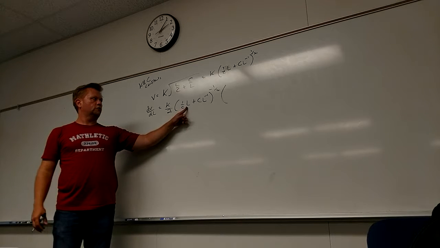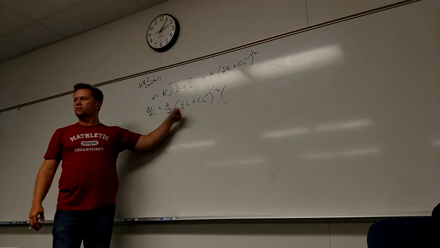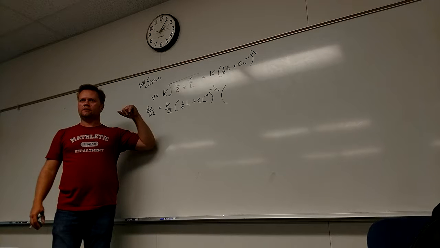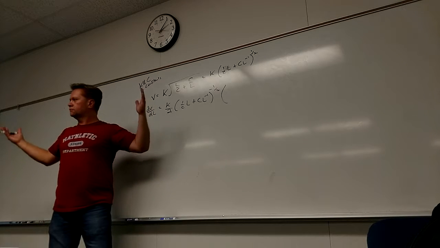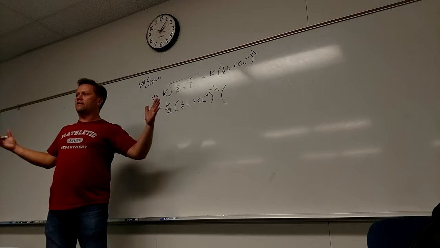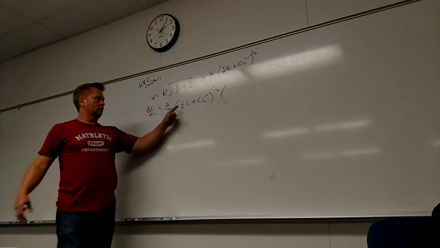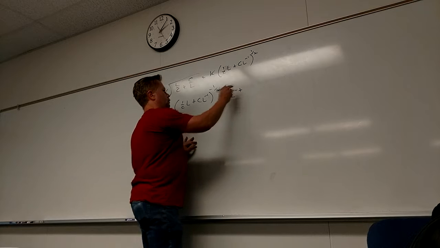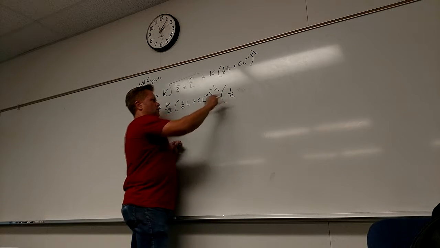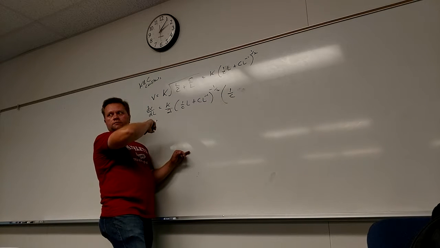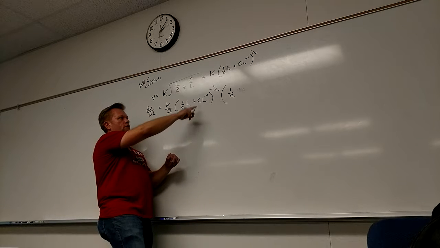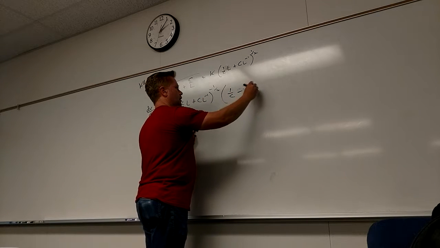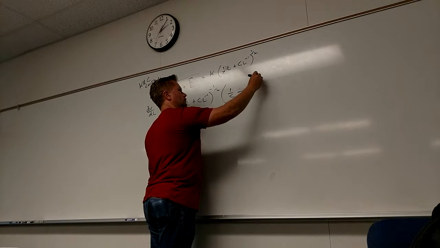What's the derivative of 1 over CL? 1 over C. It's like me saying, what's the derivative of 5x? 5. What's the derivative of constant thing times L? Constant thing. What's the derivative of CL to the negative 1? Yeah, negative CL to the negative 2. I like it.